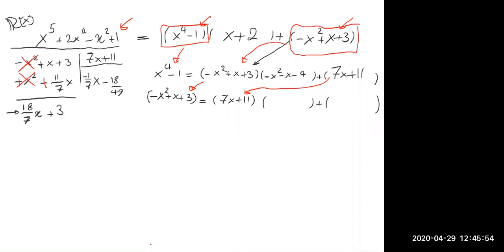So if I multiply 7x by that, I would get minus 18 over 7x. And then I would have 18 times 11 over 49.